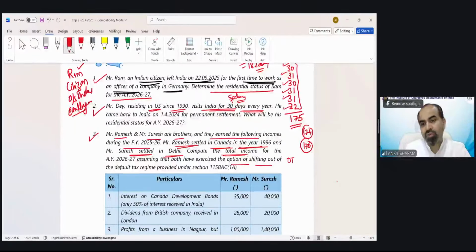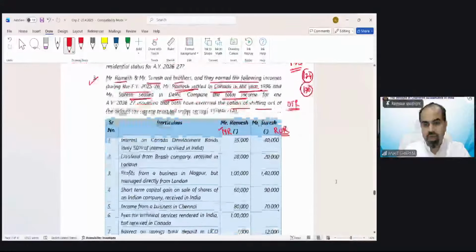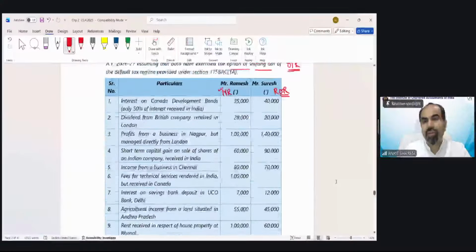That means optional tax regime income we have to calculate. Because Ramesh is settled in Canada from 1996, he is a non-resident, and Suresh would be a resident and ordinary resident in India. Clear? According to that, we have to calculate the income.